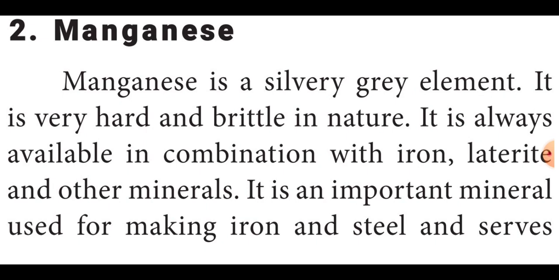It is always available with iron, laterite and other minerals, in combination with iron. It is an important mineral used for making iron and steel, as a basic raw material for alloys.